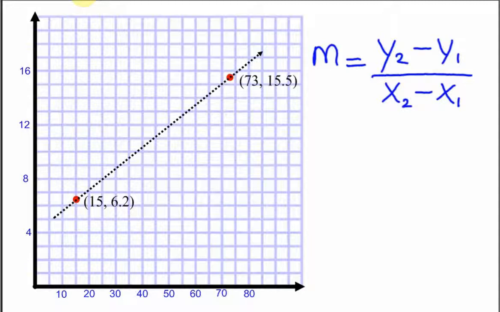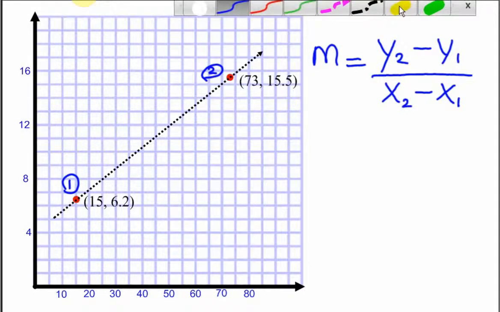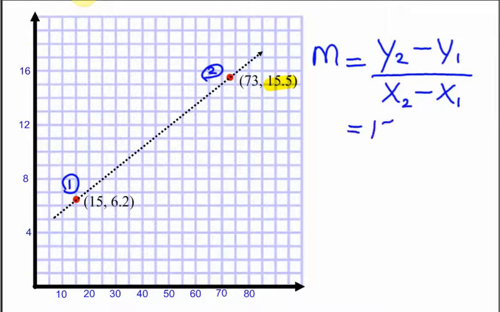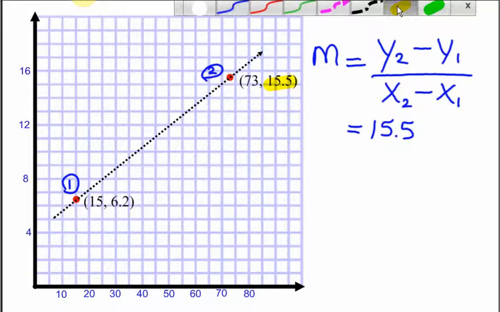We're basically going to label these two ordered pairs as ordered pair number 2 and ordered pair number 1. The y-coordinate of the second ordered pair is this number, 15.5. And so we're going to substitute 15.5 right there. The y-coordinate for the first ordered pair is right there. It's 6.2.